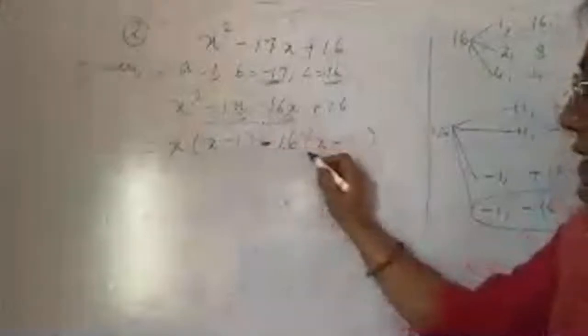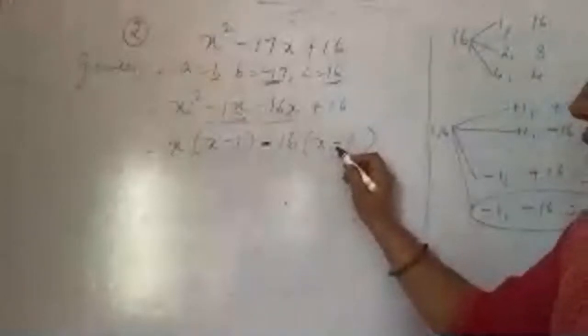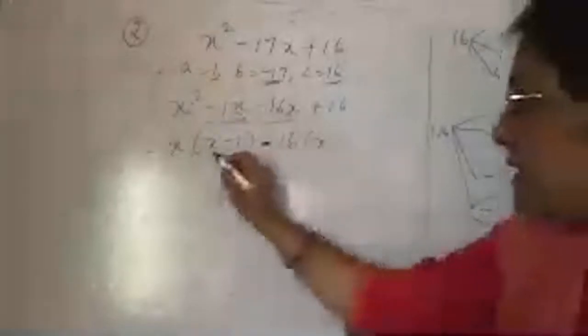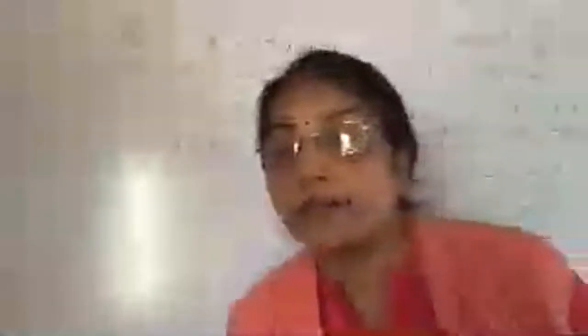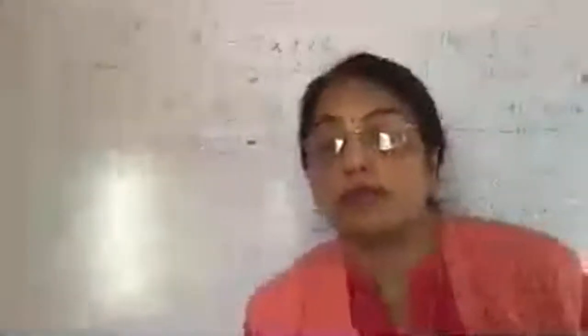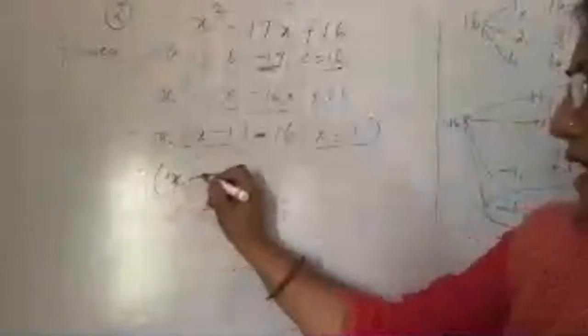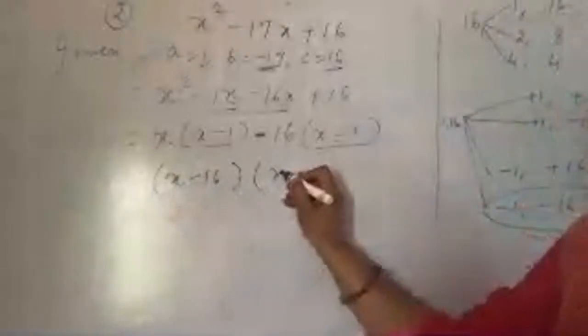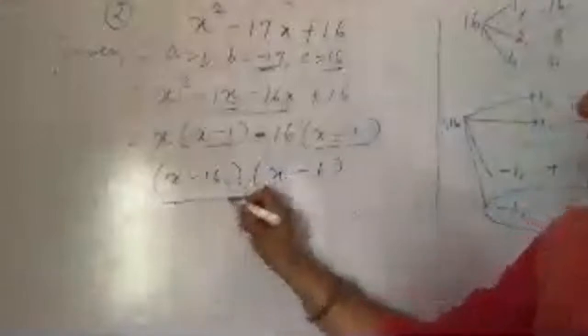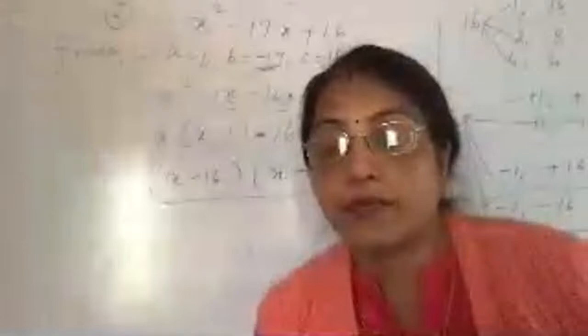So it is minus 16, and minus into minus sign will be plus. So I am putting here minus 1. You have to see that both the terms in the linear polynomial must be exactly the same, both must be common. So it is x minus 16 and x minus 1. That will be the answer. Is it okay?